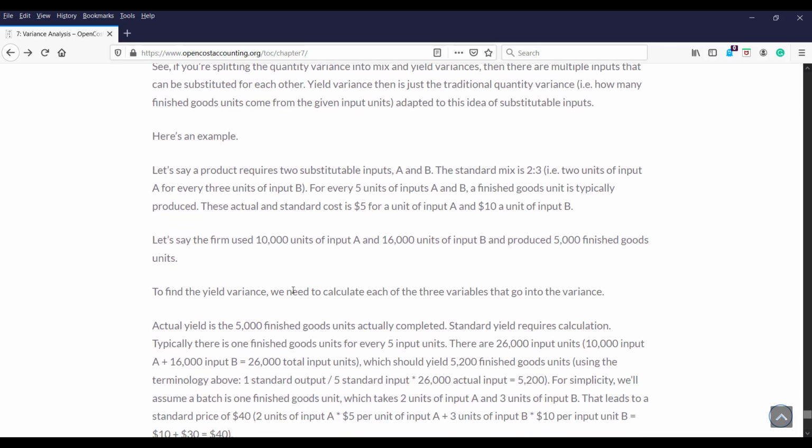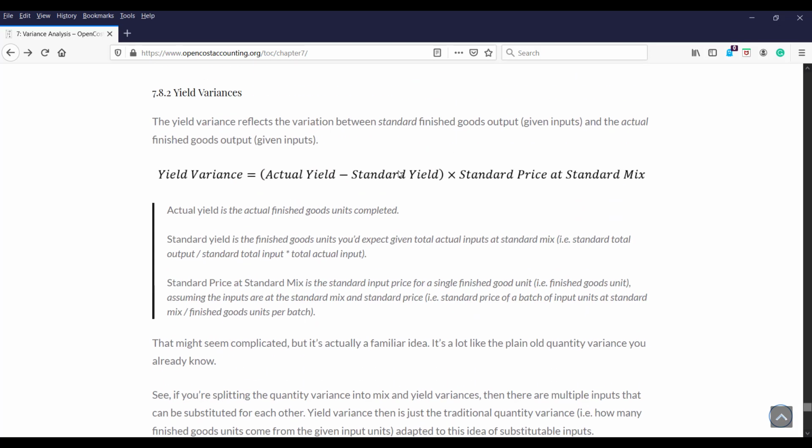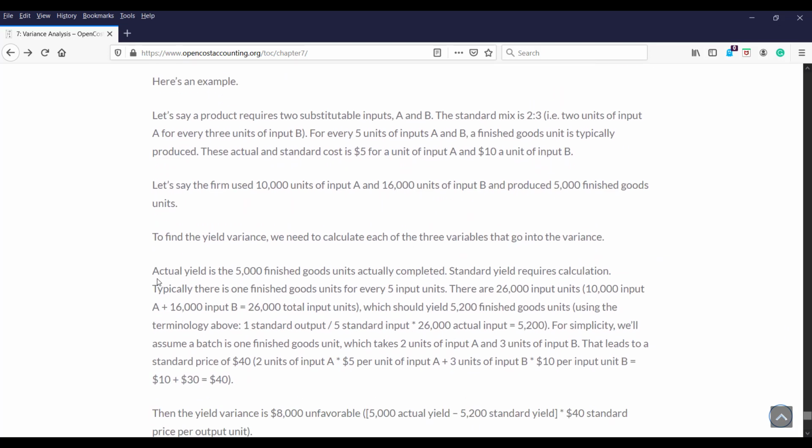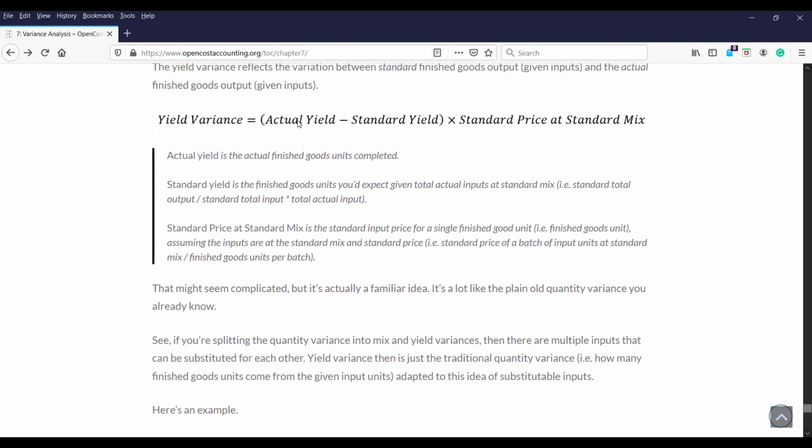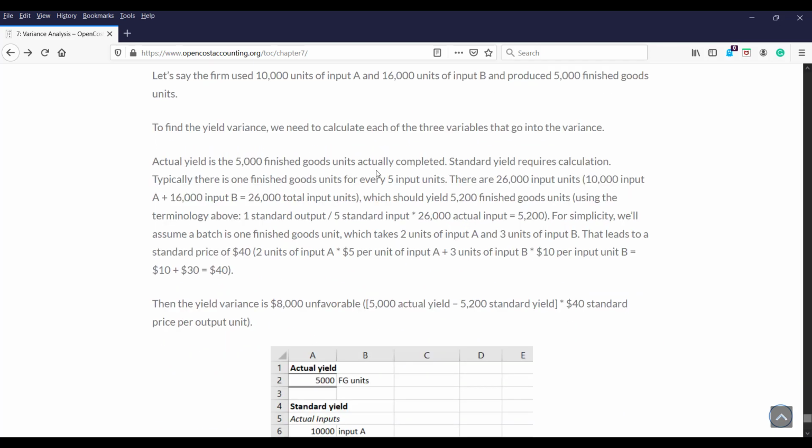Okay, to find the yield variance, we need to calculate each of the 3 variables that go into that variance equation up here. Okay, actual yield, 5,000 finished goods. It's the easiest of the 3. Hooray! Standard yield requires some calculation. Typically, there's 1 finished good unit per every 5 input units. Okay, we had 26,000 input units.